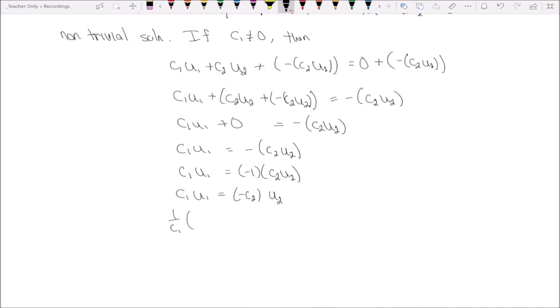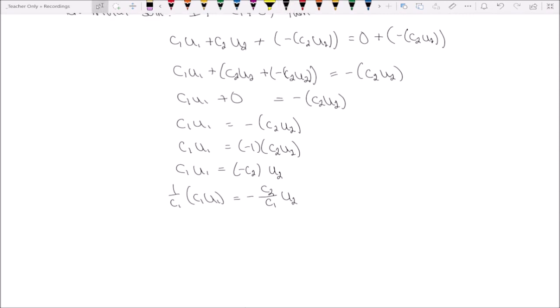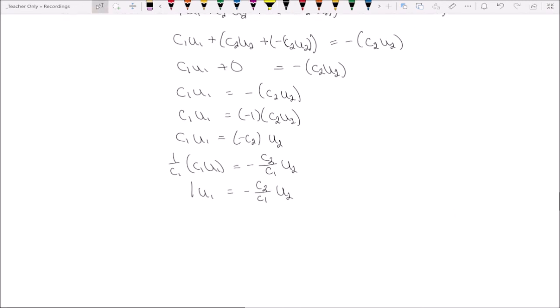which means that 1 over C1 times C1 U1 is negative C2 over C1 times U2. Of course, this then means that 1 U1 is negative C2 over C1 U2, and 1 U1 is just U1. And just for clarification, let's put parentheses around all those.